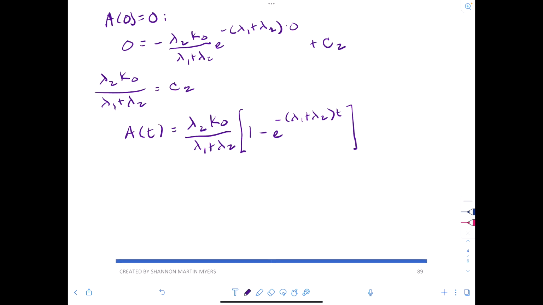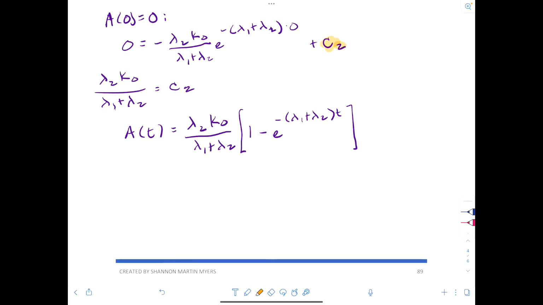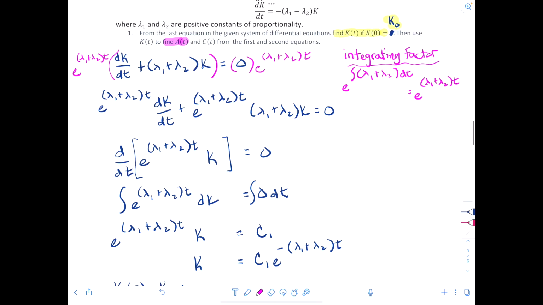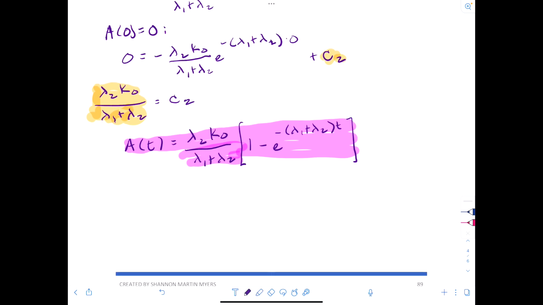So I just plugged this stuff in for C2, and then I simplified by factoring to make it prettier. And this is solving this part. Find A at t. Cool, cool? All right, almost there.